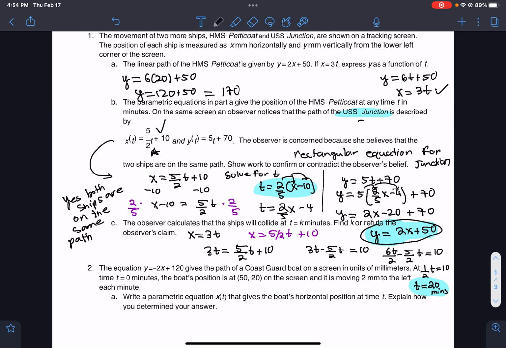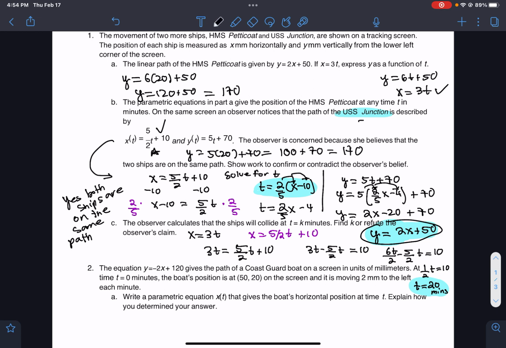So now I'm going to go to the y for B. I'm going to do 5 times 20 plus 70. And do you see how I get 170 as well? If I do this for the x, the same thing should happen.